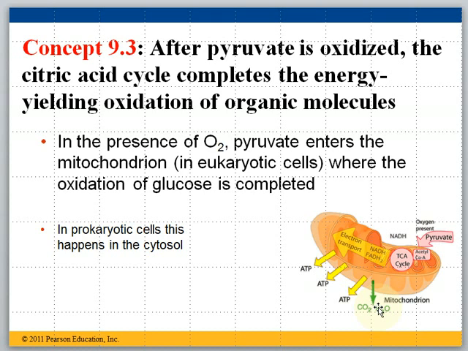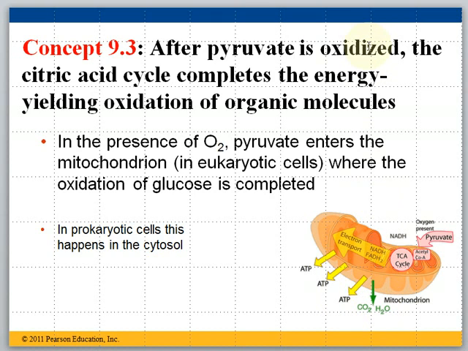From that point, if oxygen is present, we're going to move on into the mitochondria and other processes are going to occur. So concept 9.3 says after pyruvate is oxidized, the citric acid cycle completes the energy-yielding oxidation of organic molecules. So after the pyruvate is oxidized, that happens outside of the mitochondria, that material will then be moved into the mitochondria.